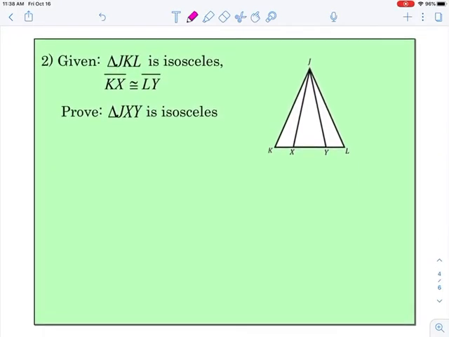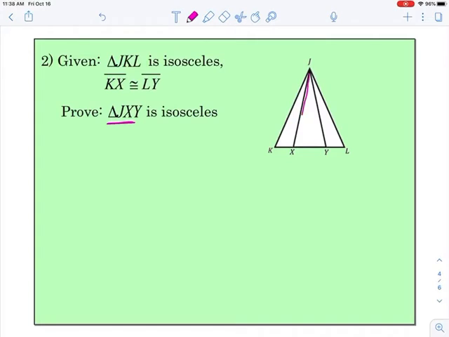Okay, for number 2, you're told that triangle JKL is isosceles and that KX is congruent to LY, and we want to prove that triangle JXY is isosceles. The first thing I'm going to do is highlight in pink this triangle that I want to prove is isosceles.